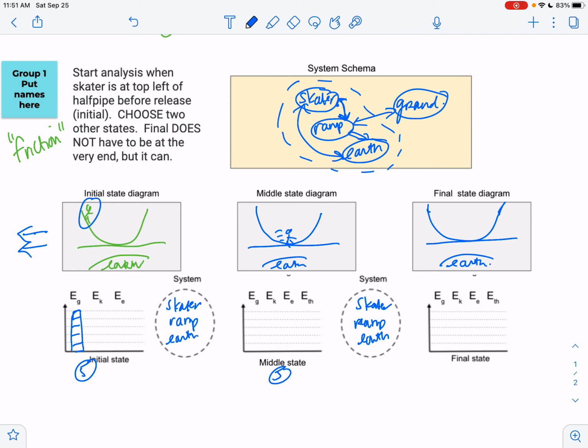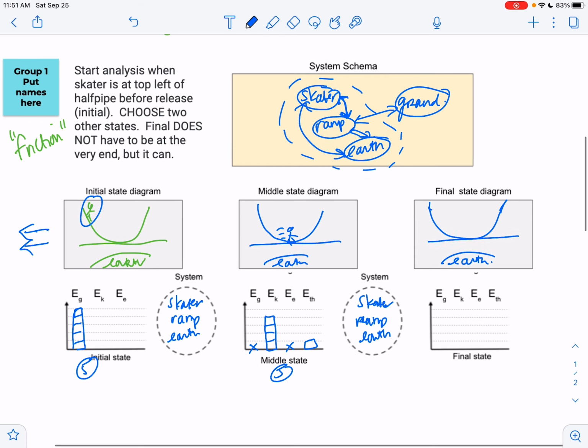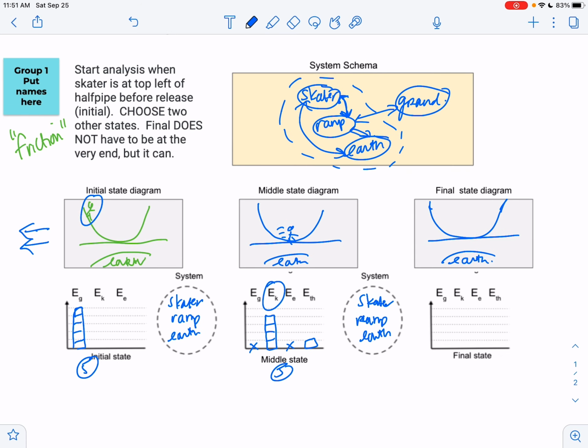So he's moving now. He's on the ground. There's nothing elastic. So I'm going to take away 1 of the EK boxes, and I'm going to add it into the thermal category, right? Because he's still moving very fast, okay? But some of that energy has been sort of wasted in that rubbing and that creation of heat energy between the wheels and the ramp, okay? So that's kind of wasting some of that energy, all right?